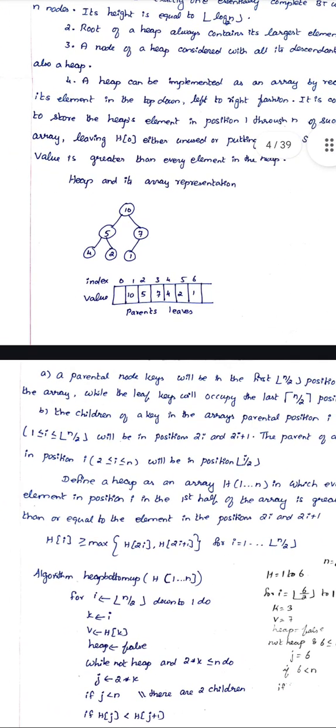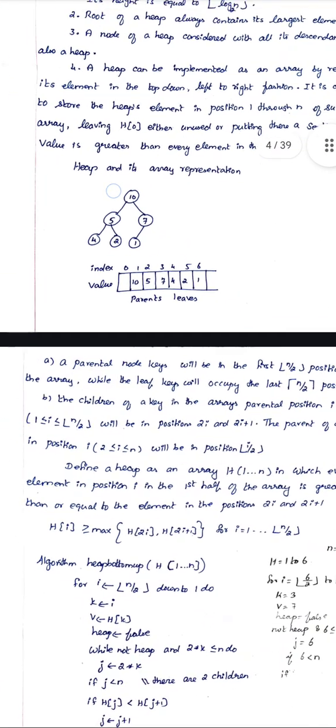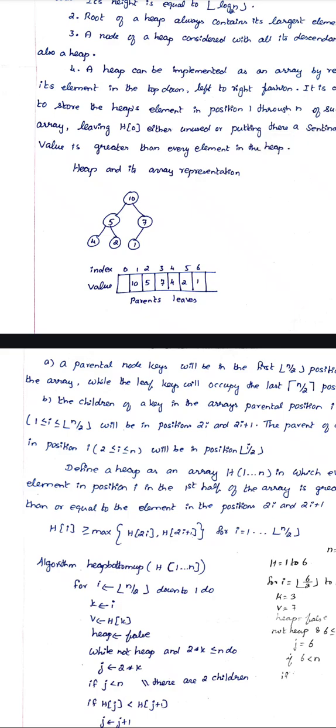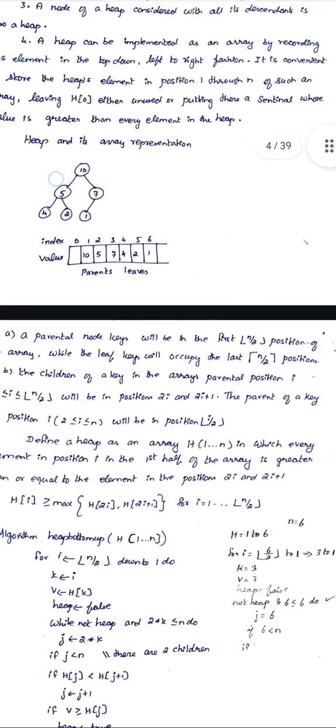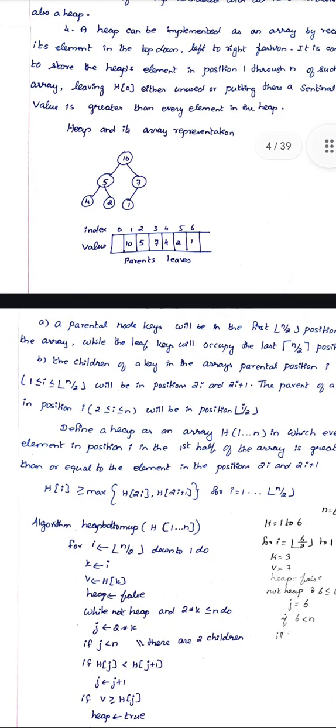It is convenient to store the heap's elements in positions 1 through n of such an array, leaving H[0] either unused or putting there a sentinel whose value is greater than every element in the heap. Heap and its array representation.